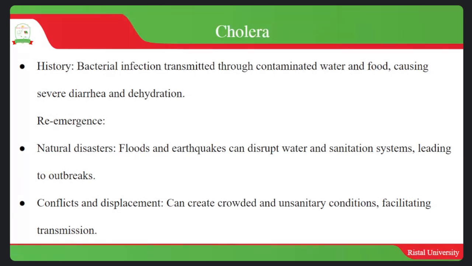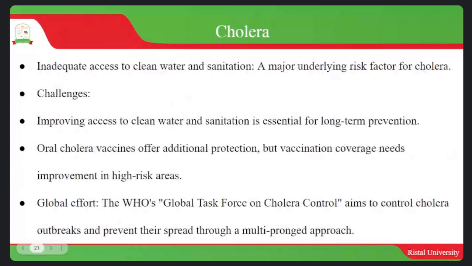Re-emergence has been registered due to the floods and earthquakes that can disrupt water and sanitation systems, leading to outbreaks. Conflicts and displacements that can create crowded and unsanitary conditions also facilitate transmission of cholera. Inadequate access to clean water and sanitation is also a risk for transmission of cholera.